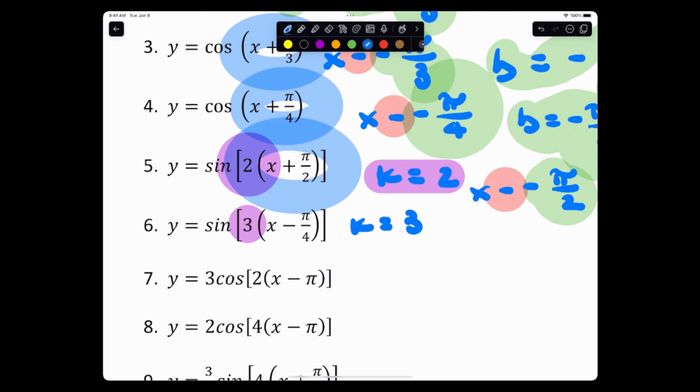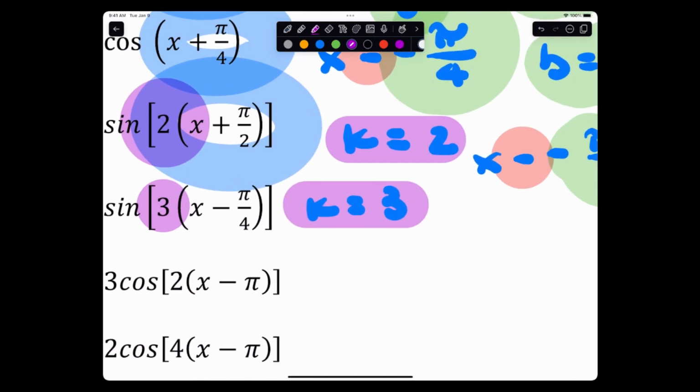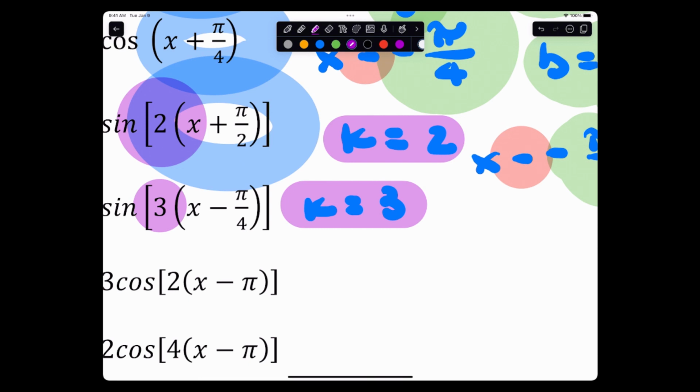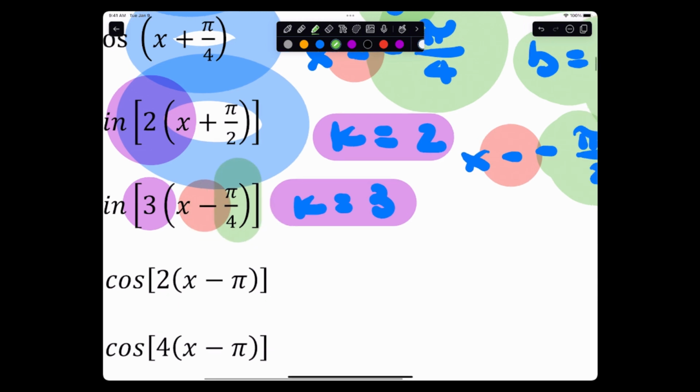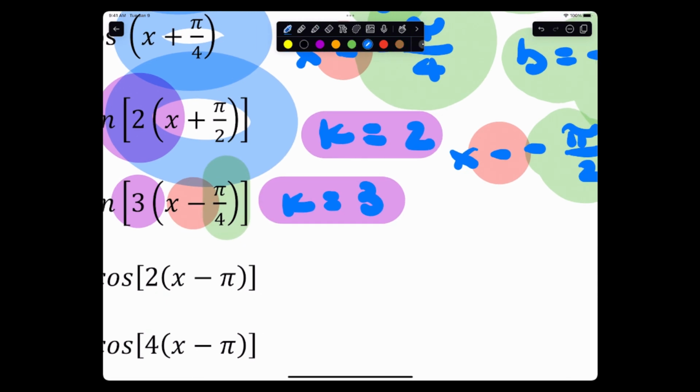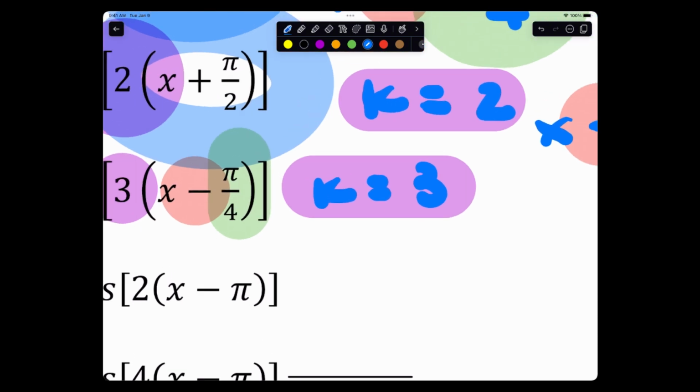K equals what? 3. And then we have x minus. What always comes after the minus sign? What always comes after? B, the phase shift. So what's the phase shift going to be now? Anybody tell me?